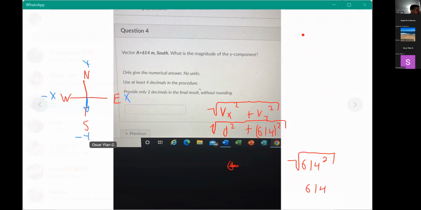So we know that Vy is really minus 614. But when you square minus 614, the number is going to be positive. Then if you take the square root of that, it's going to be positive, so it's 614, and they ask you the magnitude, because they are just asking you the magnitude.